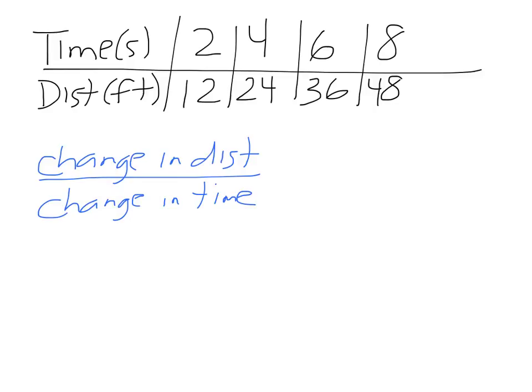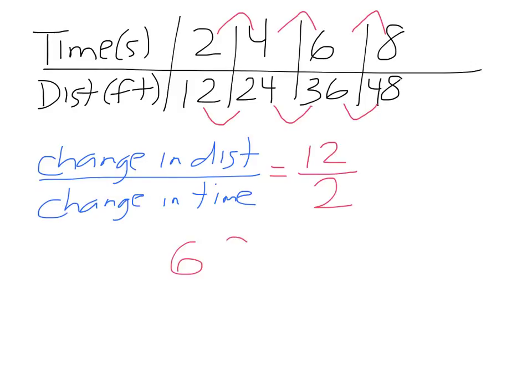And since the distance I travel depends on how long I've traveled for, distance will go on top. I notice that the distance changes every time by 12 feet, and the time every time changed by 2 seconds. So what I end up getting then is that my constant rate of change ends up being 6 feet per second.